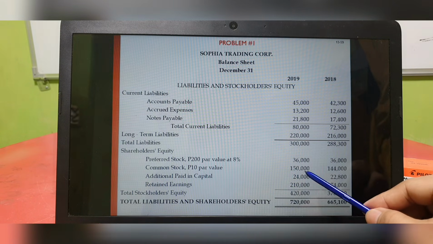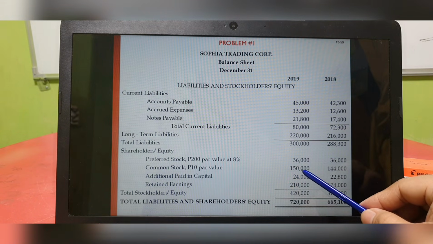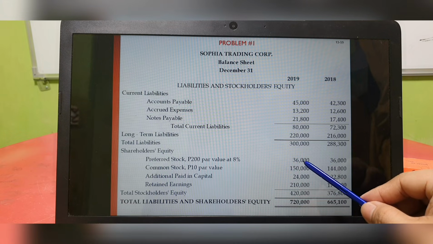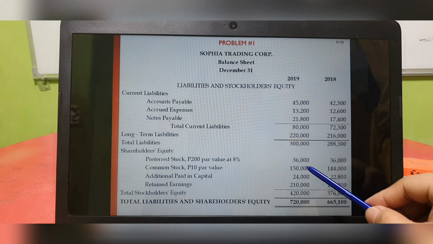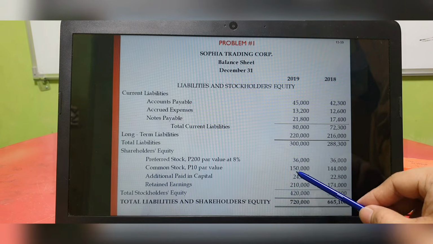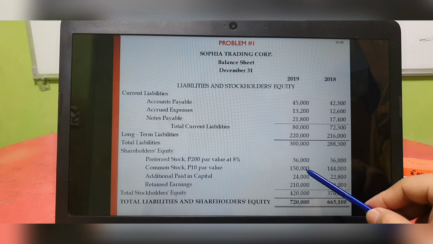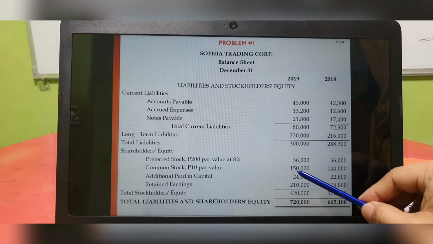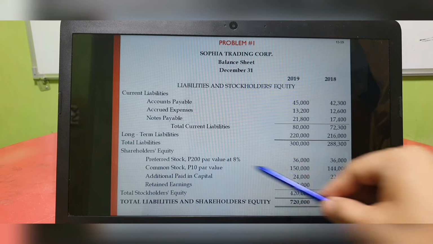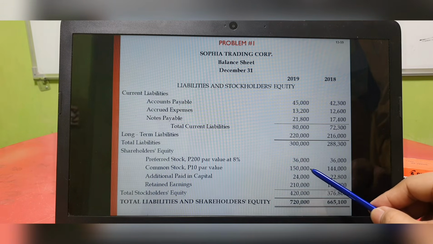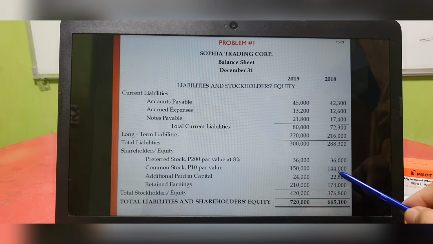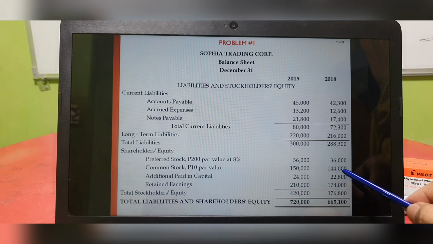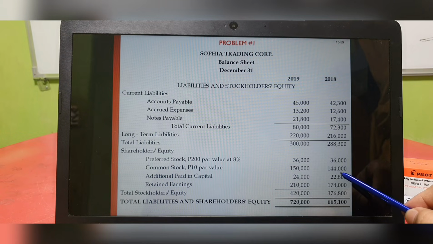So, from here, we can have an idea ilan yung number of common stock at number of preferred stocks that we have. So as you can see, for common stock, we have 150,000 for 2019 divided by the 10 pesos na par value, meaning we have 15,000 ordinary shares on December 31, 2019. And we have divided by 10 again, 14,400 ordinary shares on December 31, 2018.